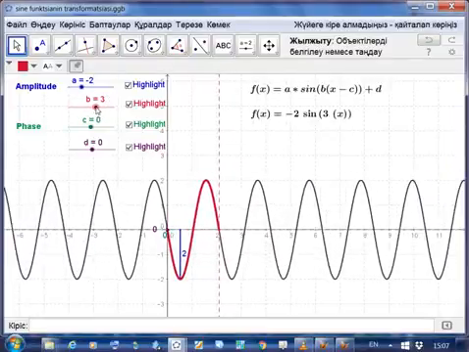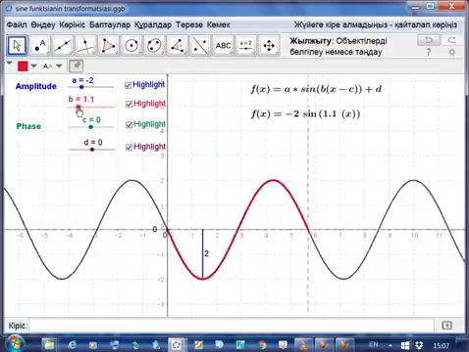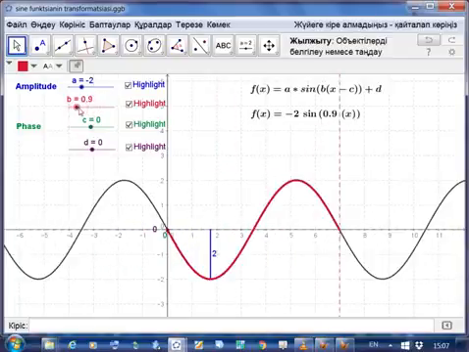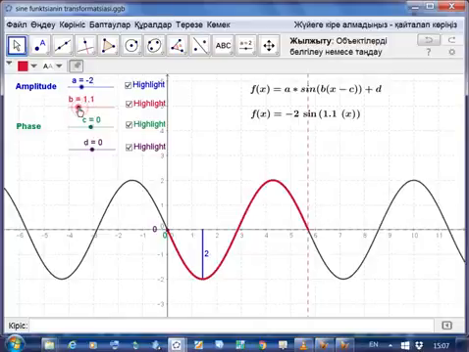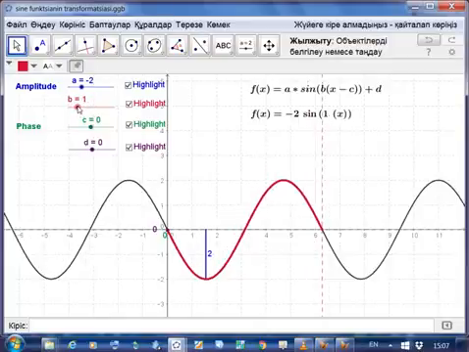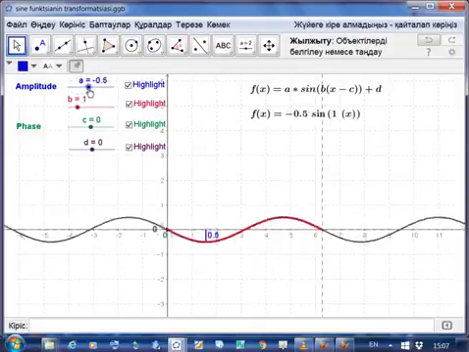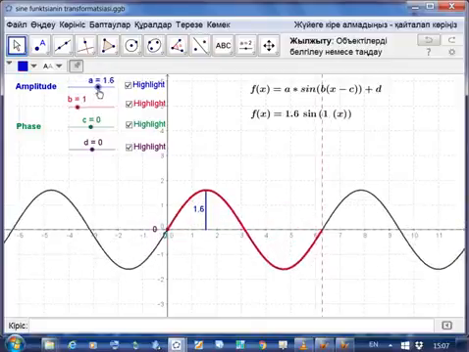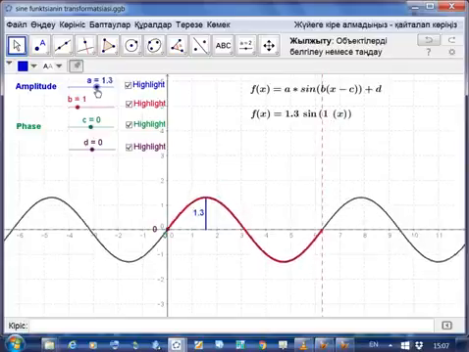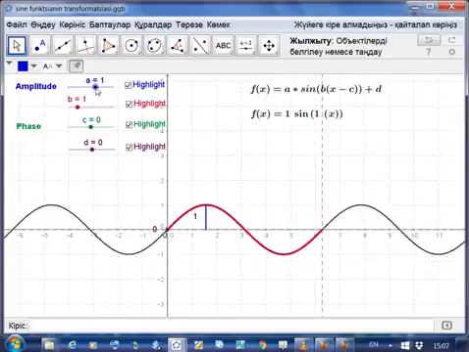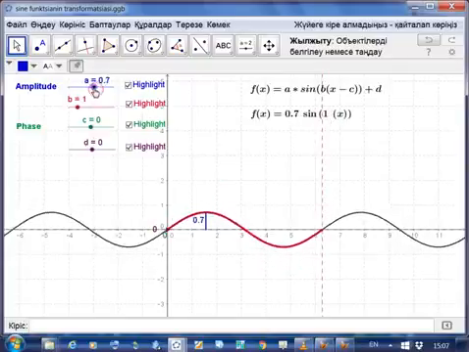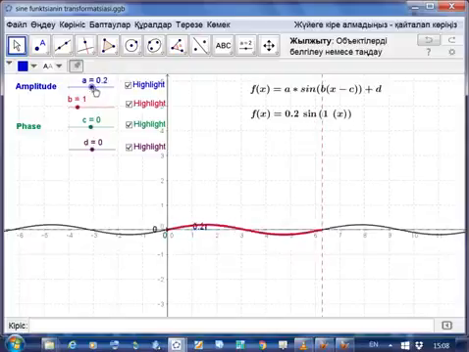Now minus 2: when we multiply by a negative number, you know the graph is reflected with respect to the x-axis. As you see here, when it's 1, and after that when we multiply that with a negative number, it's what? Reflecting.